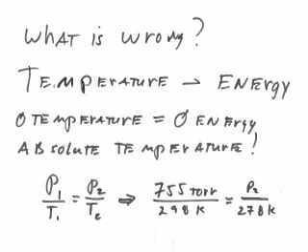So back to our Ahmed's problem. The original pressure is 755 torr. The original temperature was 298 Kelvin. We don't know what the new pressure was going to be, but the new temperature was 278 Kelvin. And now we can solve for the pressure.